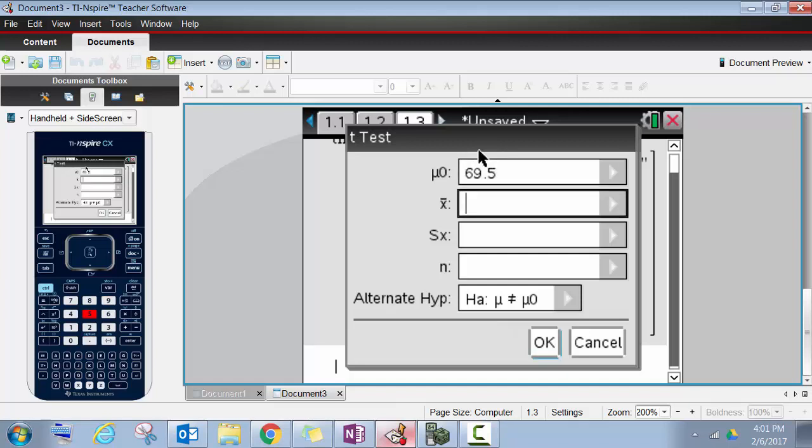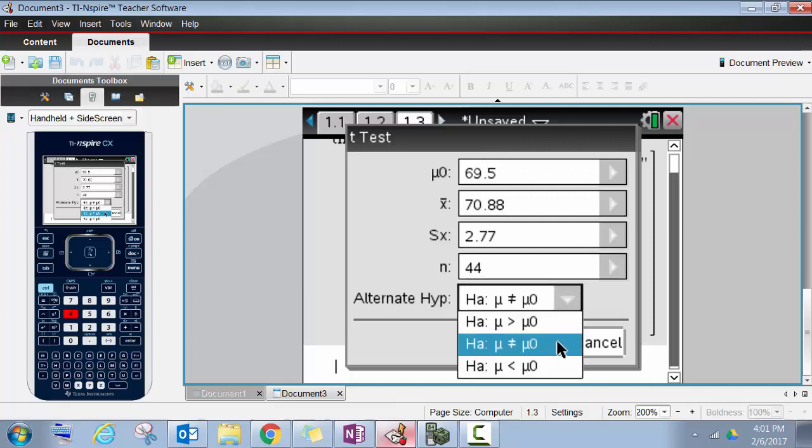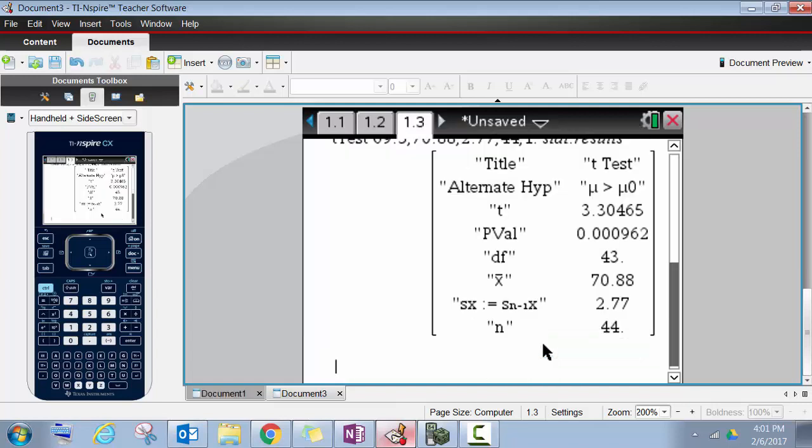X bar was 70.88. Standard deviation 2.77. N is 44. And we want to see if mu is actually greater than that. So we get a t-score, a p-value, and that's what we need.